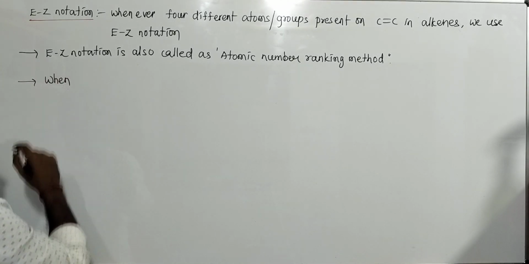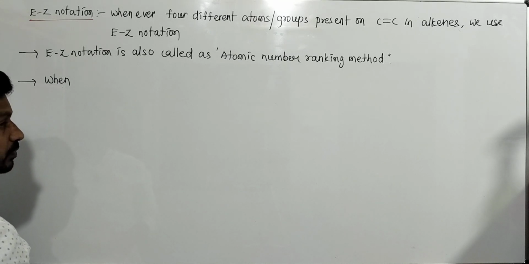So what is E configuration or what is Z configuration? This is analogous to cis-trans isomerism.